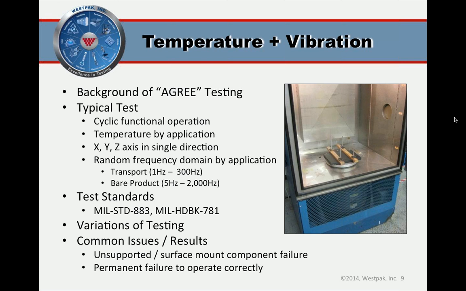Out of that came this so-called Advisory Group on Reliability of Electronic Equipment, which is AGREE, as Mike mentioned, and it really showed its value in the early 60s. The build-up for Vietnam was going on at the time, and a lot of the hardware that they were testing was required to pass these tests, especially AGREE tests, for the first time.